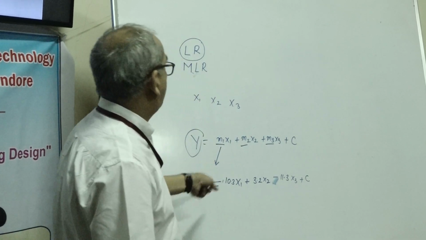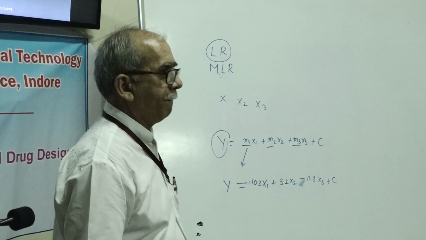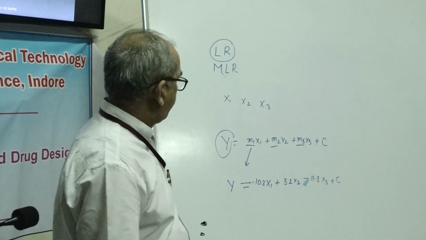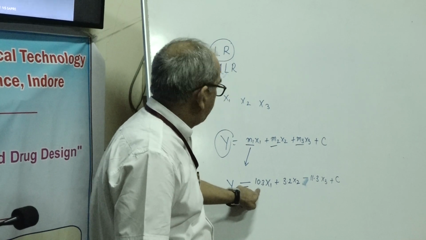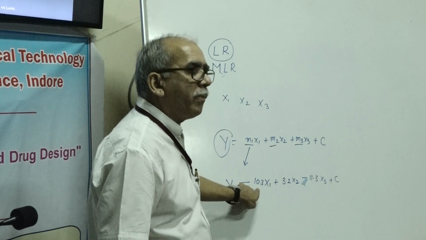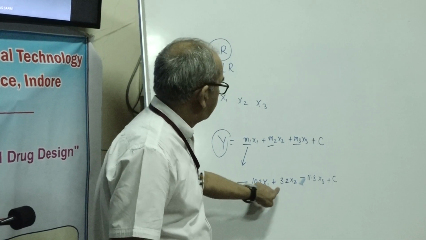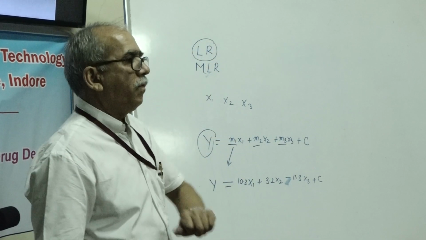So what information do you get from this? What is the coefficient of this 10.3, plus or minus? Plus. Here plus, and here. Now, what does this mean?